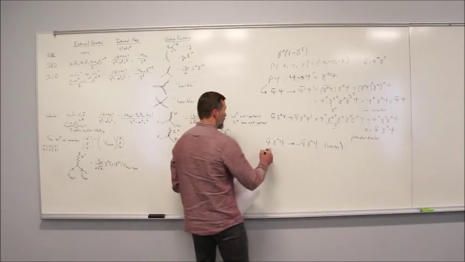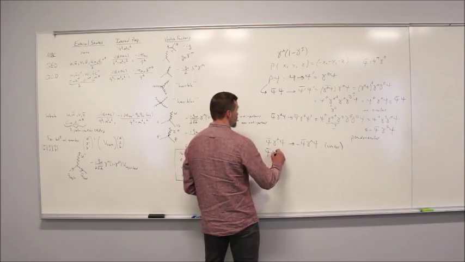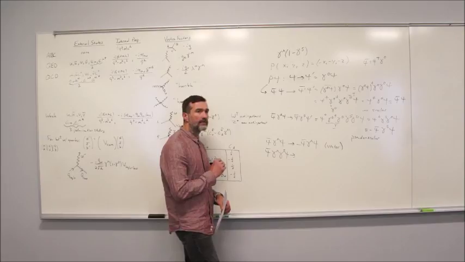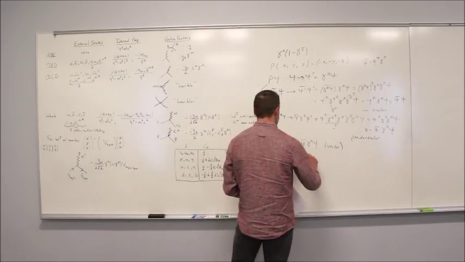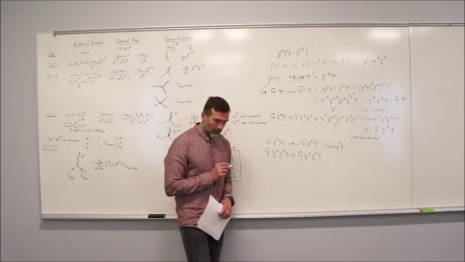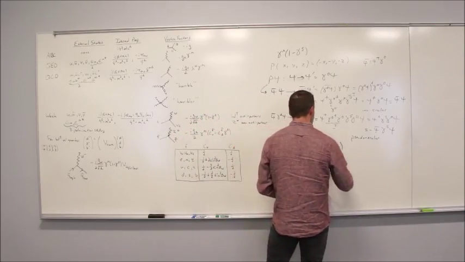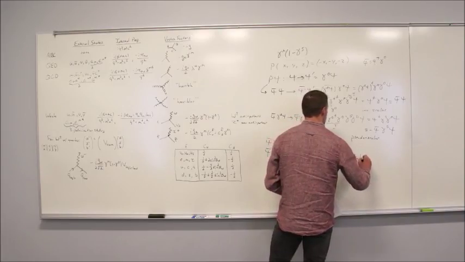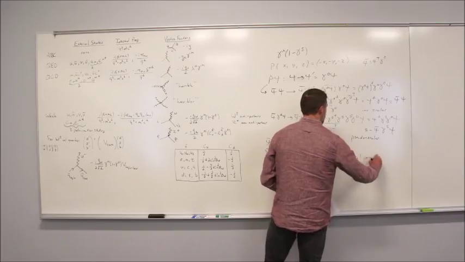It might not surprise you, though, that if I throw a gamma 5 in here and transform that, then I actually pick up an extra minus sign, and so this thing becomes itself, which is the behavior of a pseudo or axial vector.